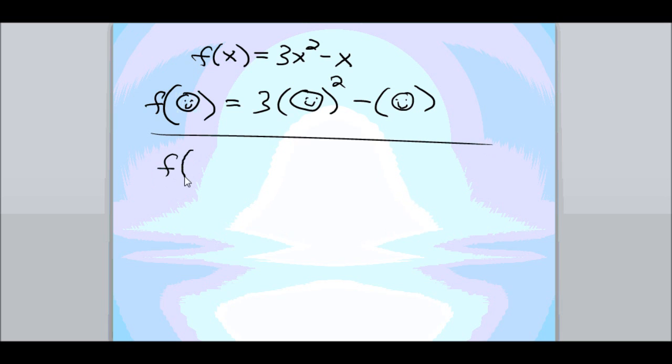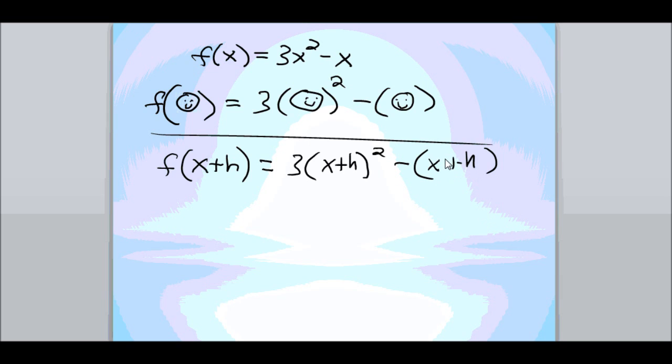F of x plus h. Well, I'm going to write it like this first, and then go back and plug in whatever's inside those parentheses. So x plus h. All right. And that's it.